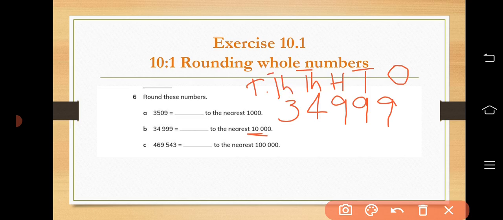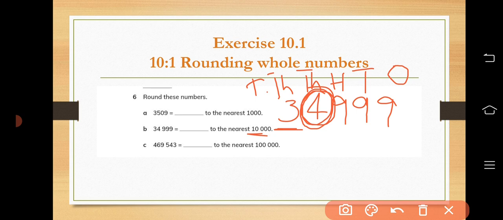Okay, now you have to underline the digit they are saying, nearest to the 10,000. So you have to underline the 10,000 place value number, and you have to circle the right value of the underlined digit, that is 4.